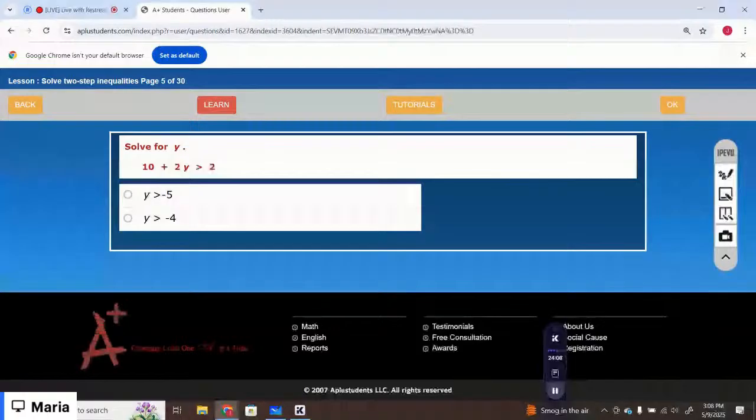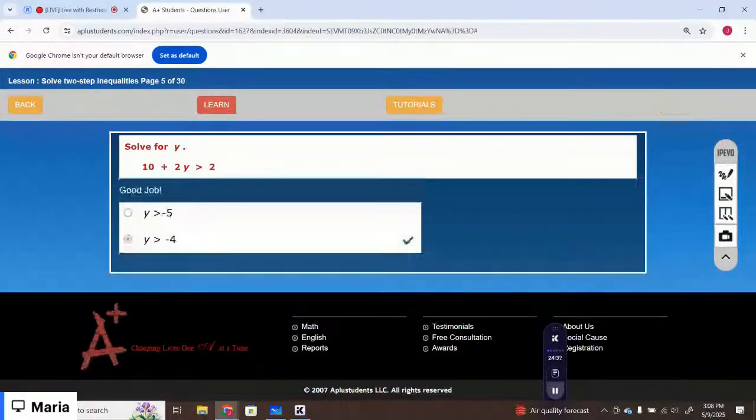Solve for y. 10 plus 2y is greater than 2. Y is greater than negative 4. Option number 2 is the correct option.